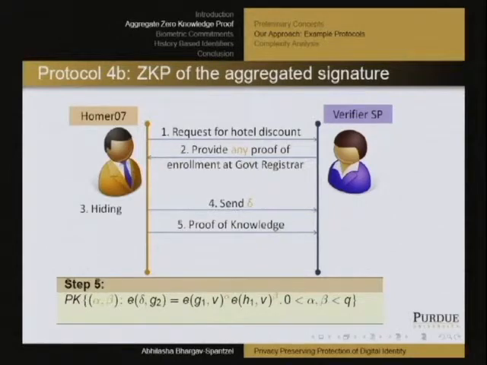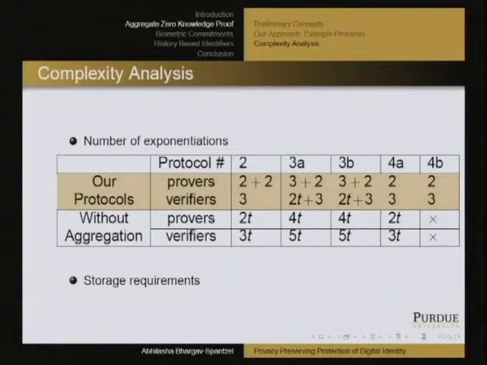Can prove that they have certain strong identifiers associated with each other, and also do it efficiently. So, very quick analysis comparison: you can see that the number of exponentiations we need is constant for provers, which is very nice because it's the provers that are constrained with devices.